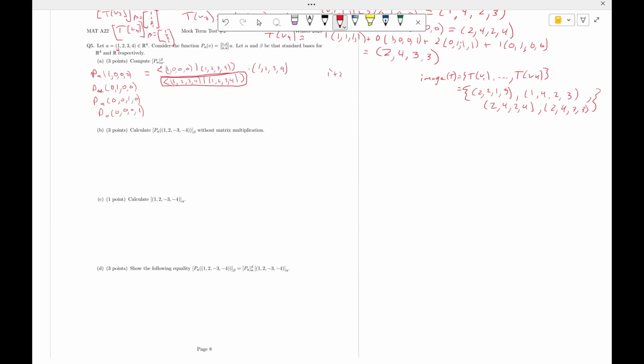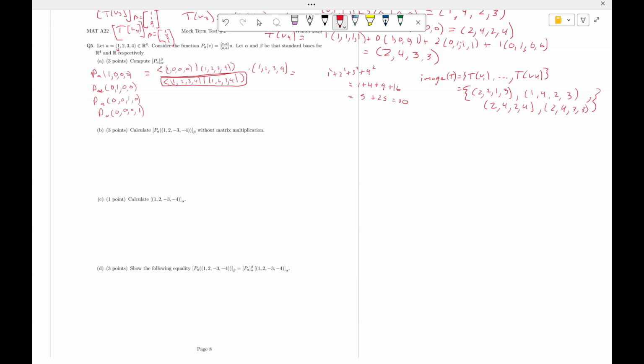1 squared plus 2 squared plus 3 squared plus 4 squared, because it's the first times the first plus the second times the second plus the third times the third, is 1 plus 4 plus 9 plus 16. 5 plus 25 equals 30. So that's going to be 30.